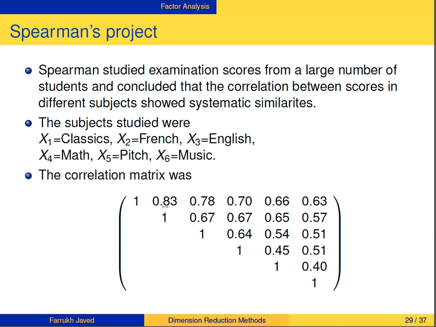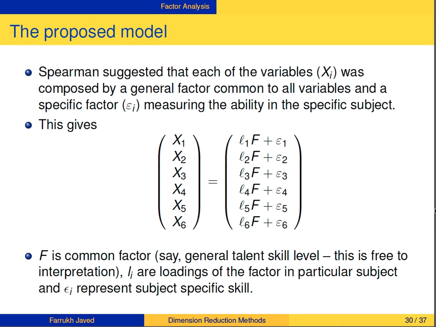Classics and French are very correlated because if you look at classical literature, it boils down to French literature or English, for instance. But maths and pitch and music are slightly less correlated, and so on. So Spearman suggested that each of the variables was composed of a general factor common to all variables.